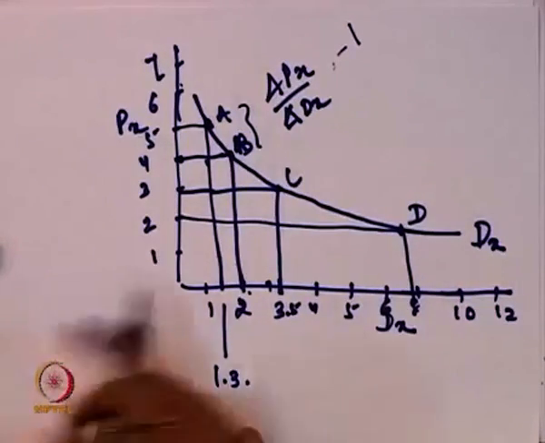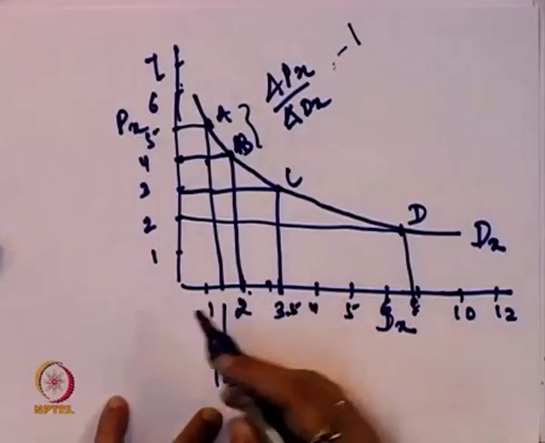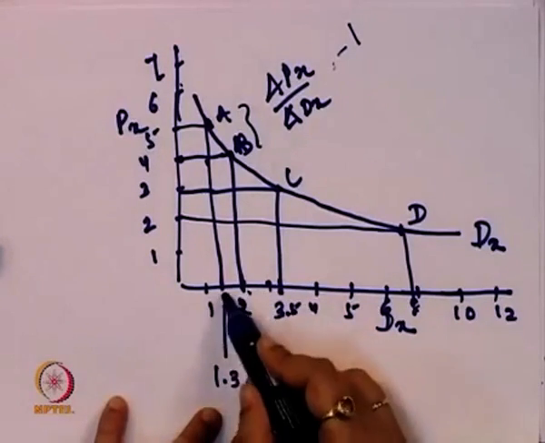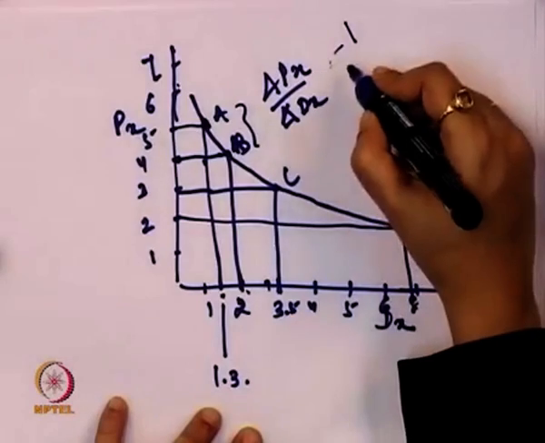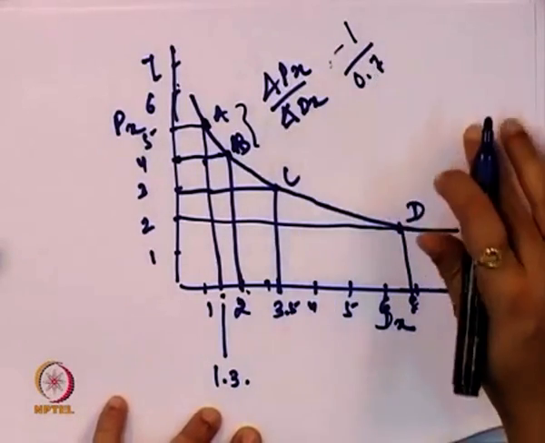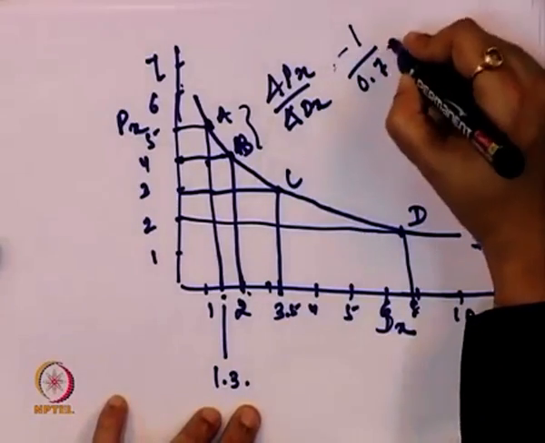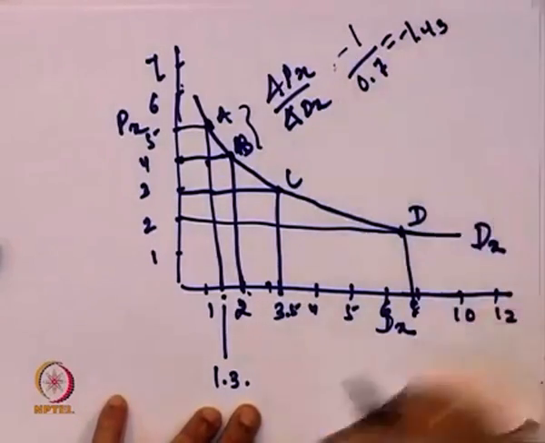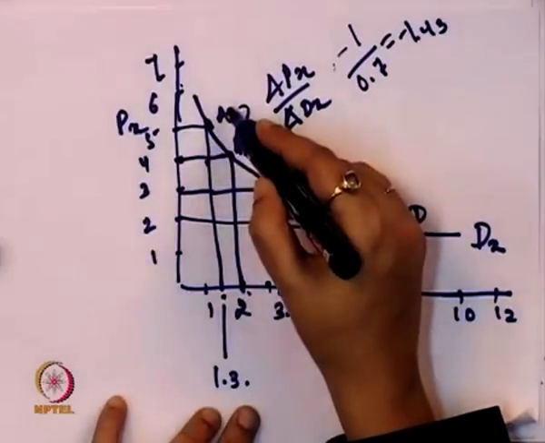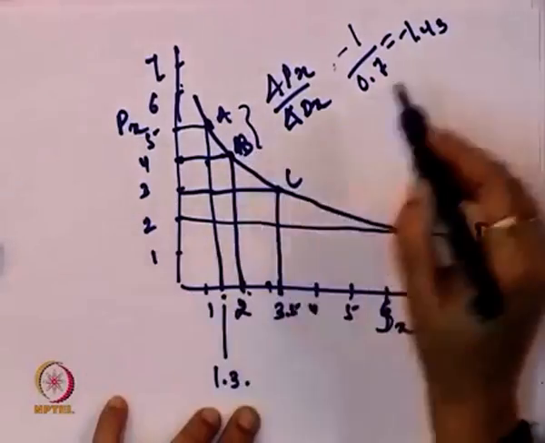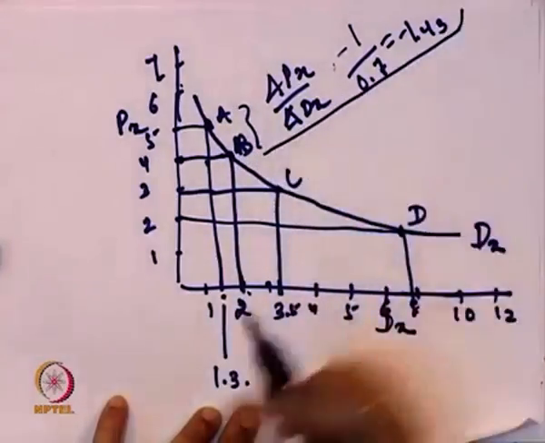And what is the difference in the quantity demanded? That is the difference between 2 and 1.3, which comes to 0.7. Now, what is the slope over here? The slope is minus 1.43. That is, between point A and point B, the slope is -1.43.